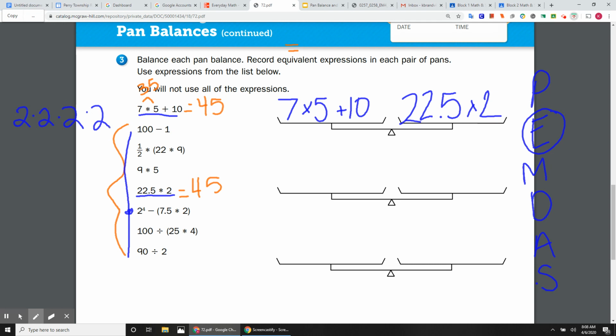The biggest mistake I see is people adding those and getting 8 as the answer. 8 is not the answer. You need to multiply all of those 2's together. So go ahead and pause your video and complete the next 2 pan balances.